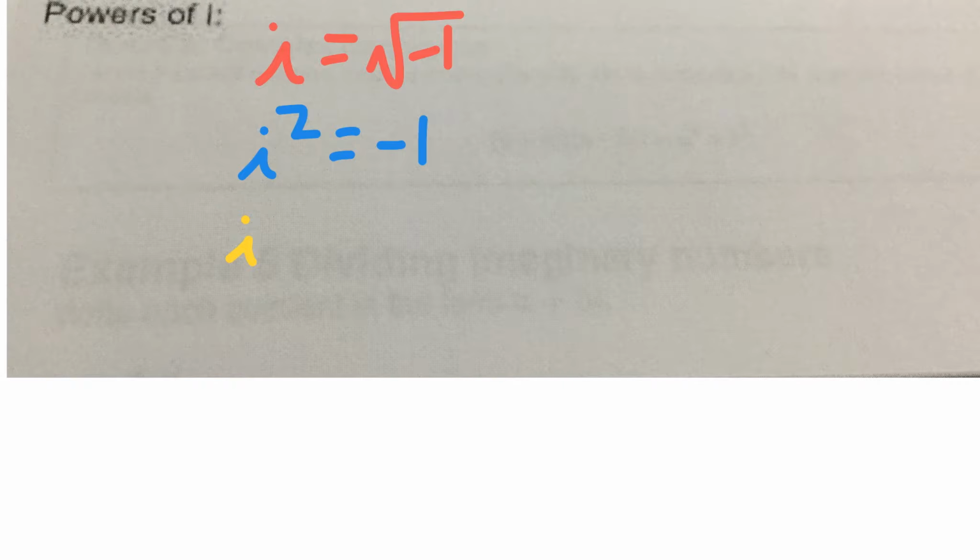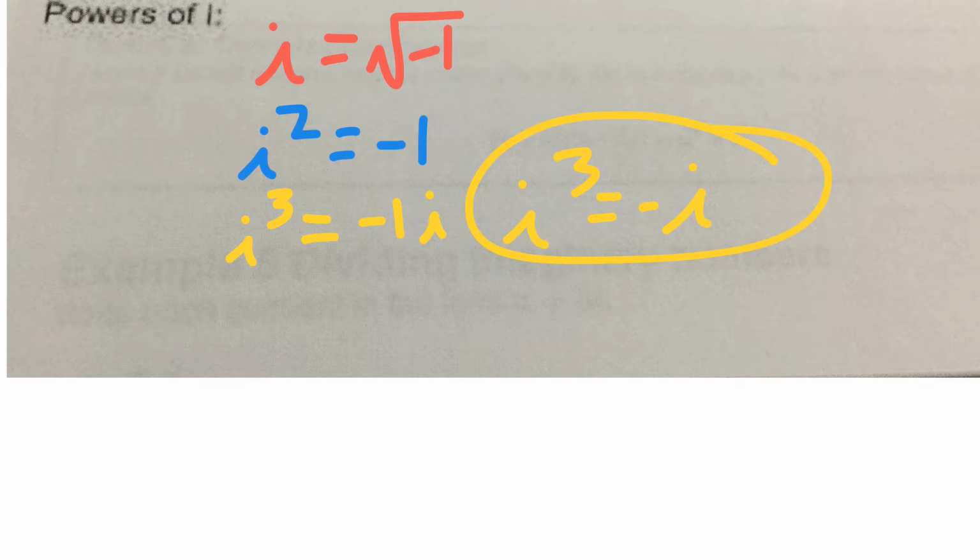Then that becomes i times i squared, which is i cubed. And then what happens if I multiply -1 by i? Well, that's going to be -1 times i, which gives just -i. So i cubed is -i.